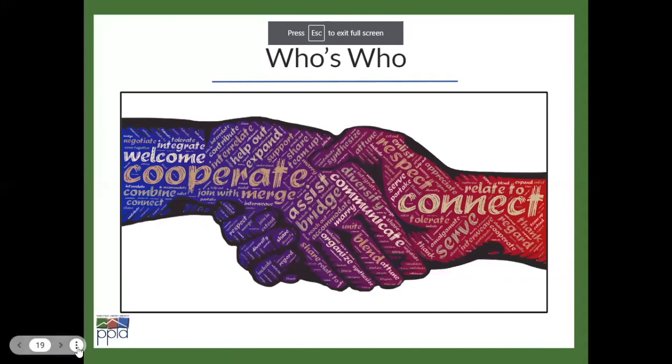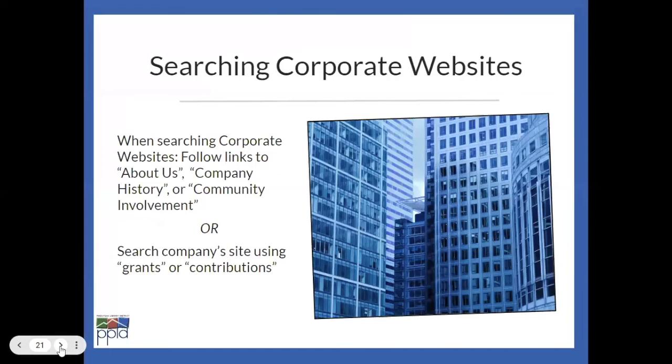So real quick, I'm just going to blaze through a few more slides. We've talked about contacting the funder. You don't have to know somebody to get a grant, but it certainly can help. So maybe somebody on your board knows somebody else on another board. You can always look at a corporation's website.